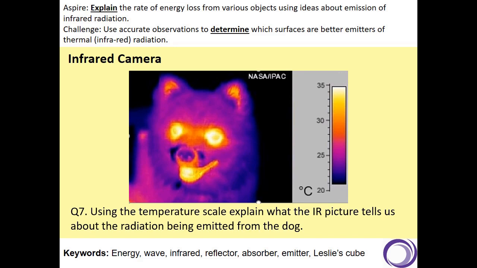So if you think about that, the eyes, the open mouth, and just the inside of the ears there's less insulation. So you've got a direct view, if you like, of those surfaces. So we can say those areas are emitting more infrared radiation. So the hotter an object, the brighter the colours that you get from that camera.